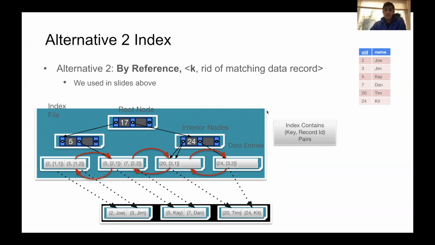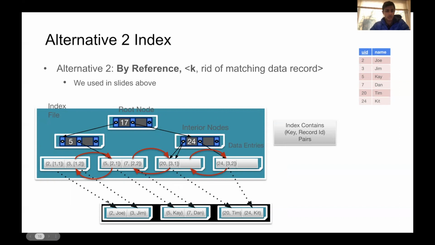So now that we've introduced this idea of indexing by reference, this enables us to have multiple indexes for a file, regardless of what key the file is ordered on. See, because the leaf level of the index is actually sorted by the key, you can see 2, 3, 5, 7, 20, 24 at this leaf level. It doesn't matter how the data is sorted on disk.